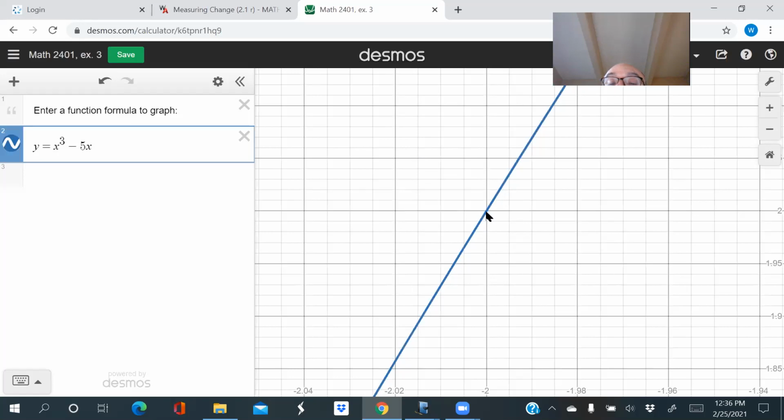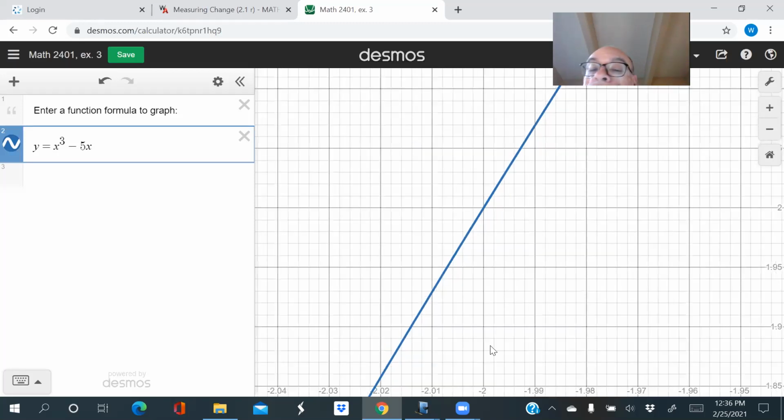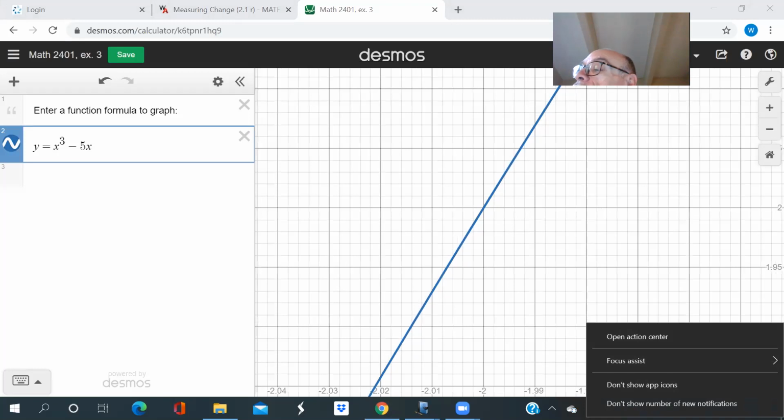Let's find what the output is at -2. So here's the exact point on the curve. It happens to be 2. So let's put that down: -2 and 2, right?